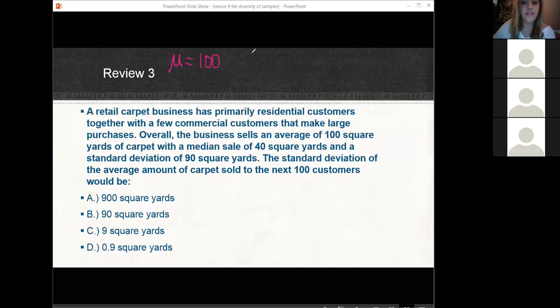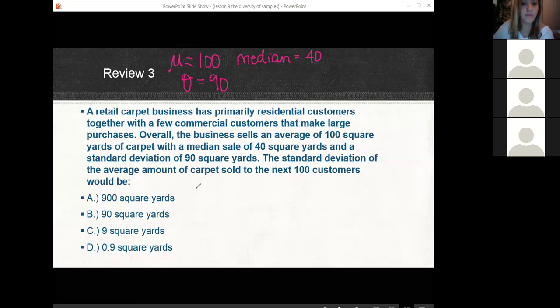And then a median sale of 40 square yards, so we would just write median, and that's going to be 40 square yards. And then a standard deviation of 90, so that's our sigma, our standard deviation of 90 square yards. Now we're trying to decide the standard deviation of the amount of carpet sold to the next 100 customers.